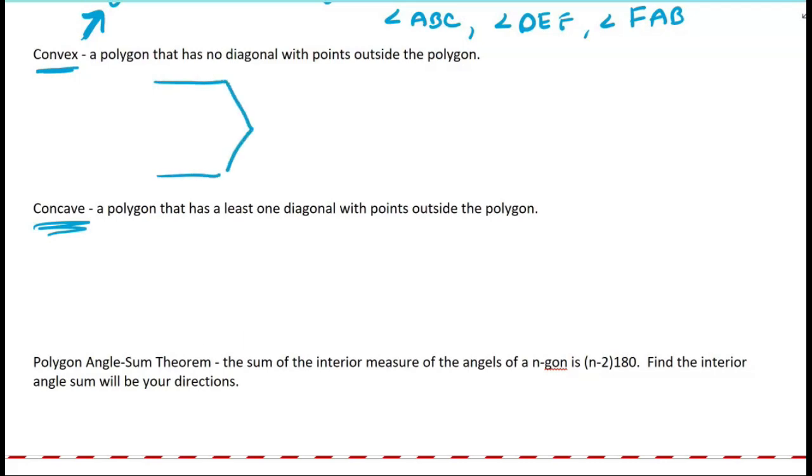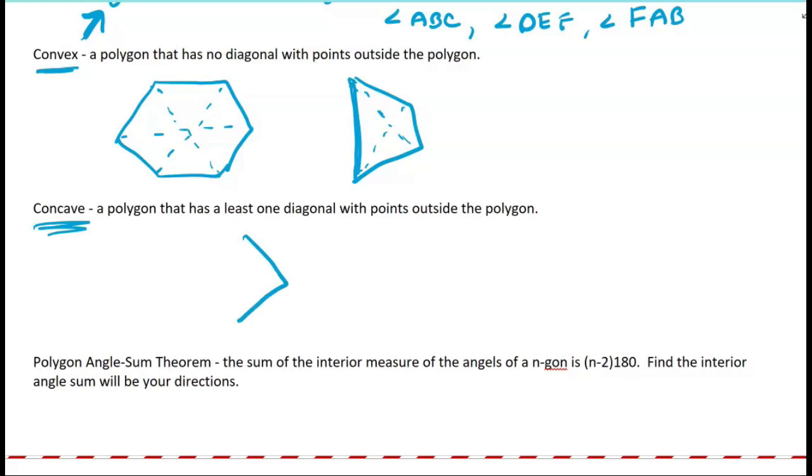It might not make sense to you until you see the concave. Something like this, you can draw diagonals here point to endpoint. Everybody is good. Everybody's happy. This would be a convex. All right, but a concave could look something like this.